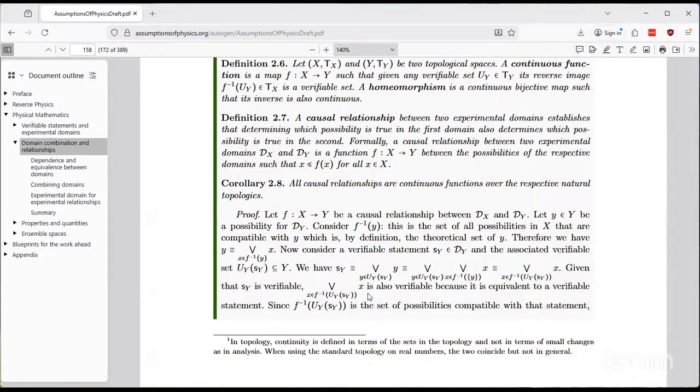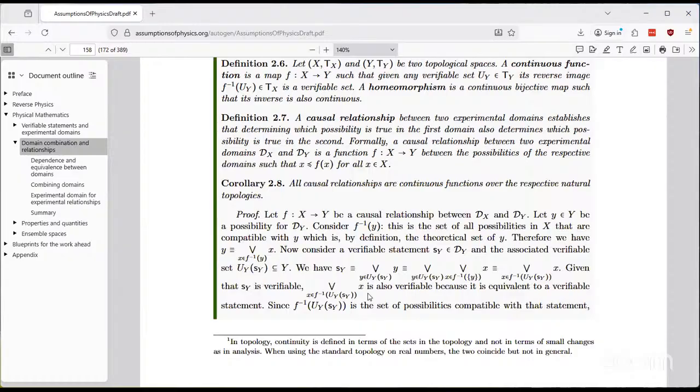So if you have values in X and values in Y, those values are points in X and points in Y, but then you have more precise points given by the combination of X and Y.